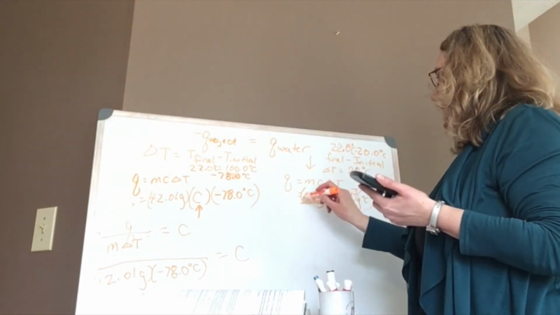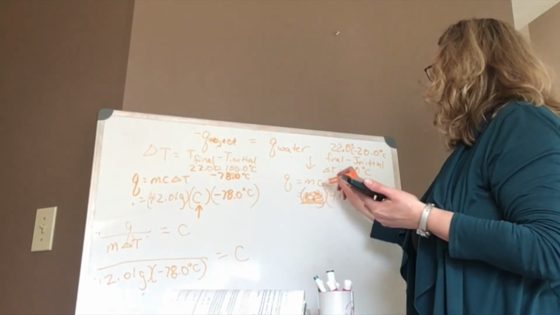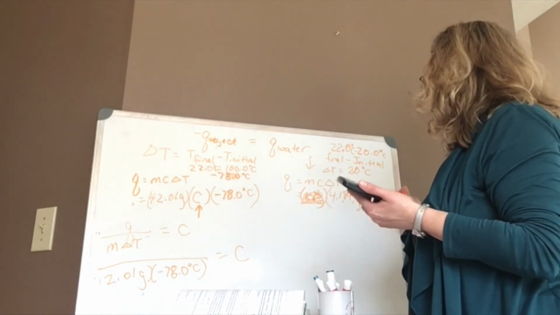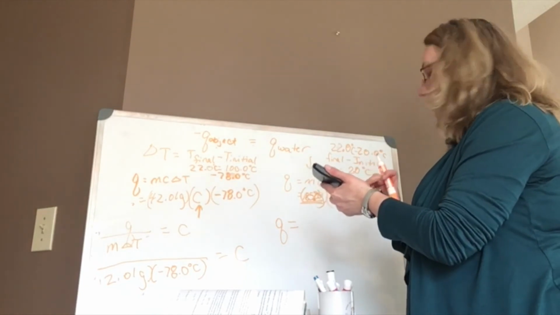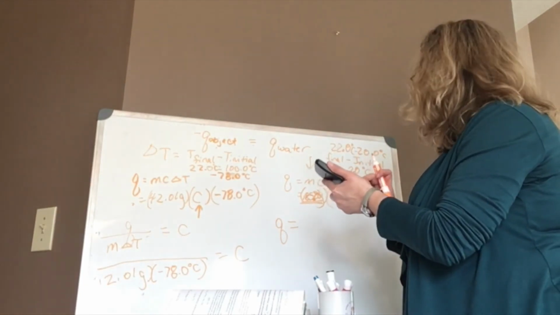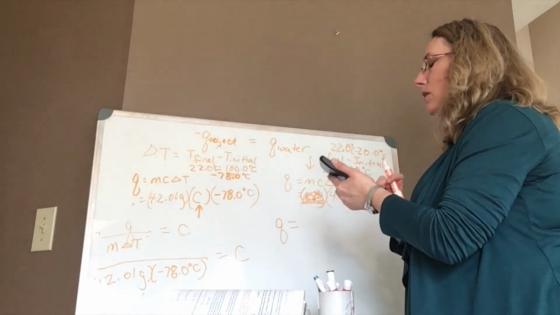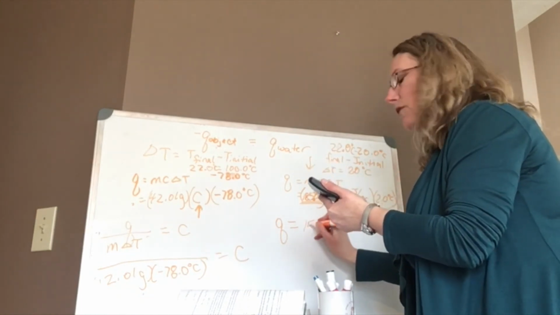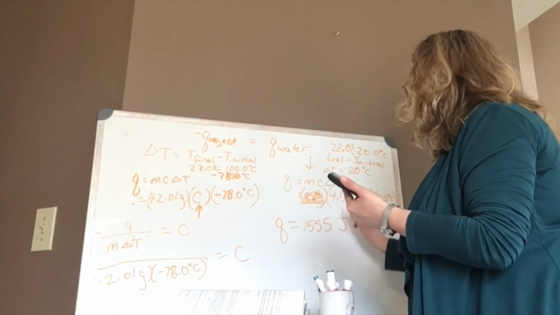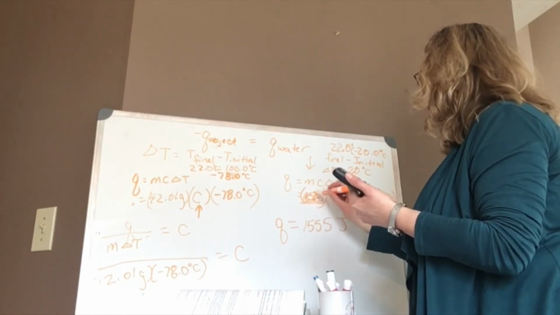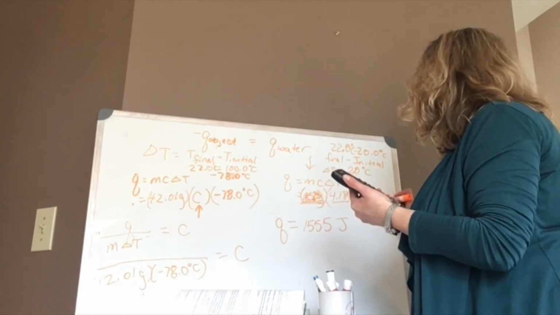Okay, so we're going to take 185.83 times our C times our delta T. We're going to get a Q of 185.83 times 4.184 times 2, 1555 joules. This has five, this has 4, this only has 2.